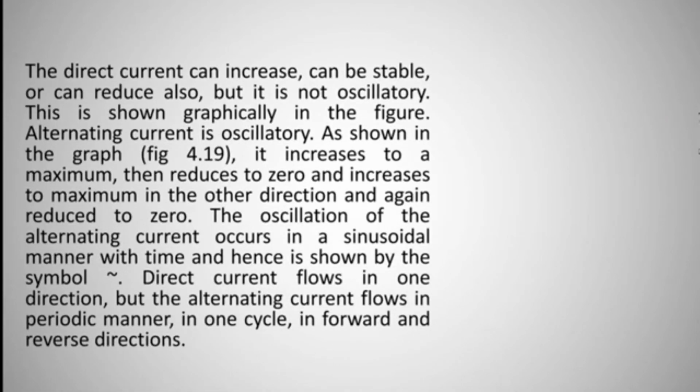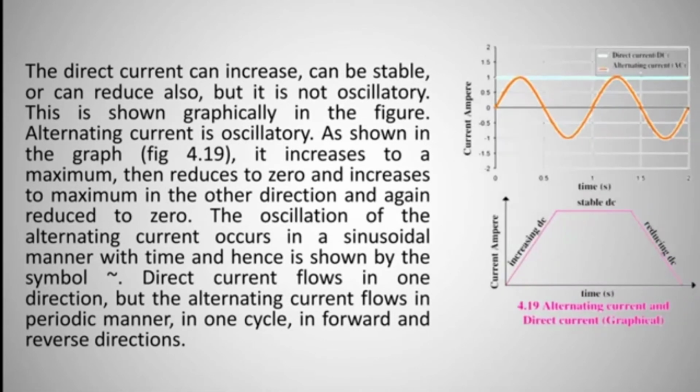Figure 4.19 indicates the graphical representation of alternating and direct current. The direct current can increase, can be stable or can reduce, but it is not oscillatory. This is shown graphically in the figure.